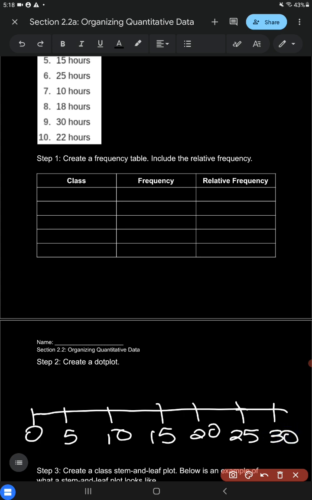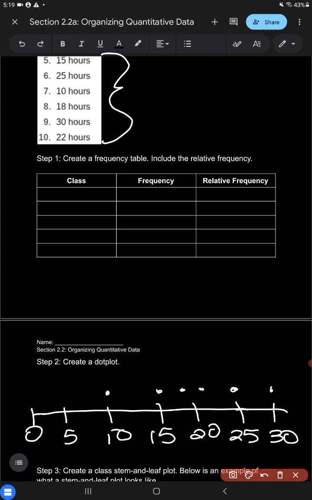Okay, and what I'm going to do is put a dot to represent roughly where each person fell. And I can't see everybody on this chart, so I'm going to put a dot on what I can see. So 15 hours would go here, 25 would go here, 10 would go here, 18 would fall between 15 and 20, 30 would go here, 22 would fall between 20 and 25.